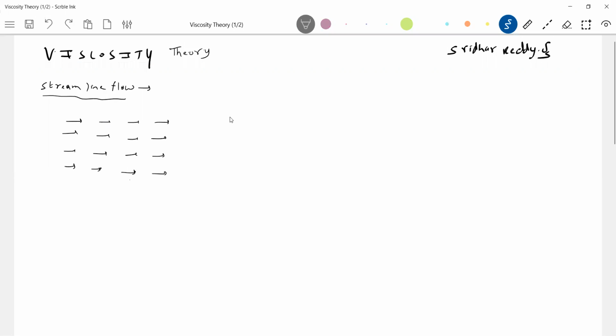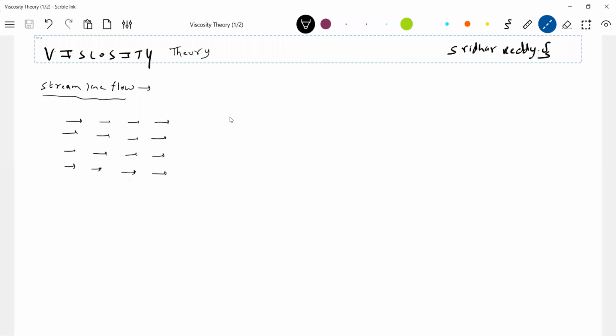Then after this, we went for one more. If this is some point P we'll take here, now this is liquid A, or different molecules of the liquid. So they are now having different speeds.